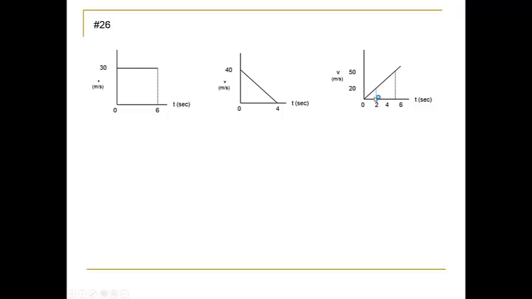And then you could do this smaller triangle, which would be 1/2 times 2 times 20, which would give you 20. And then since you don't want the whole triangle, you just want this piece in the middle, you would subtract out this first piece. So you would be 125 minus 20, which would still give you 105 meters. Okay, so two different ways to solve it.